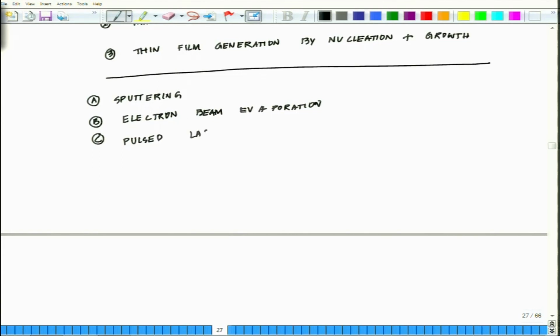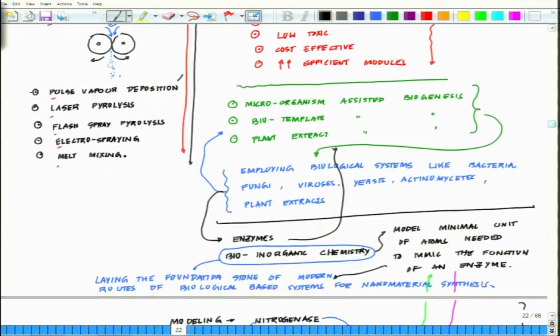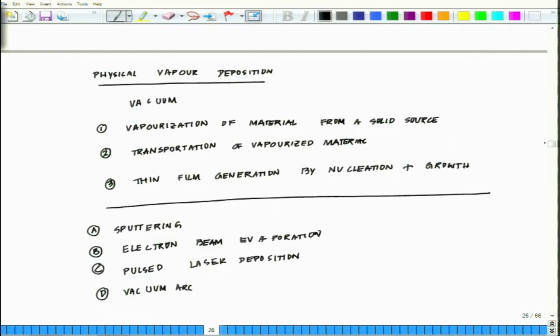Pulsed laser deposition, and then you will be needing a vacuum arc. So these are some of the ways by which physical vapor deposition works.